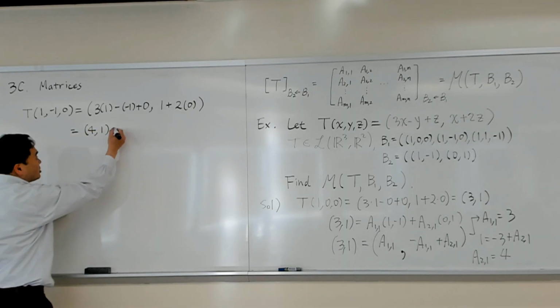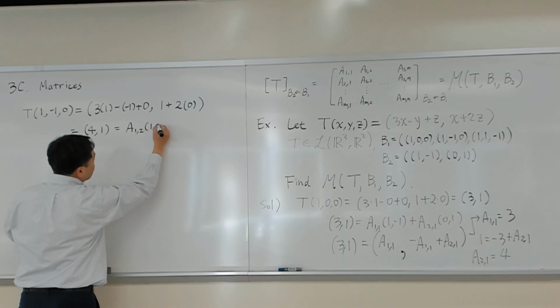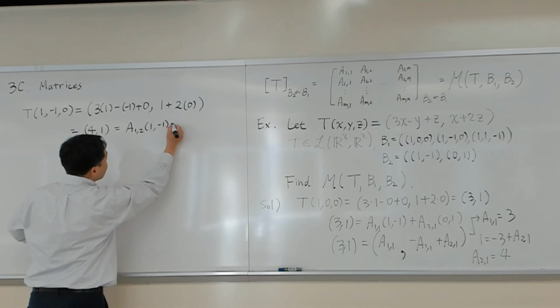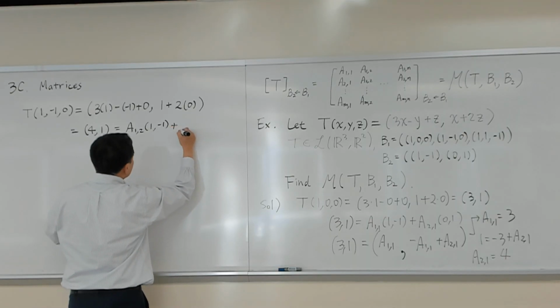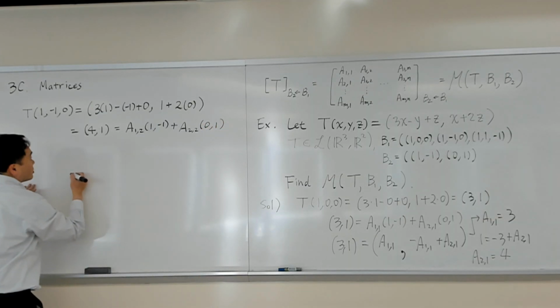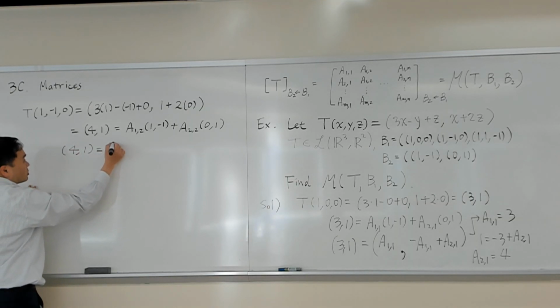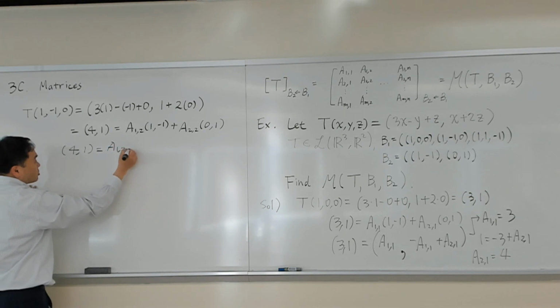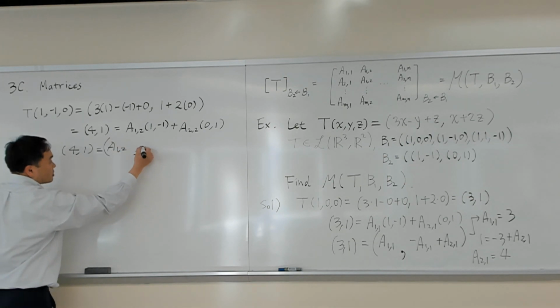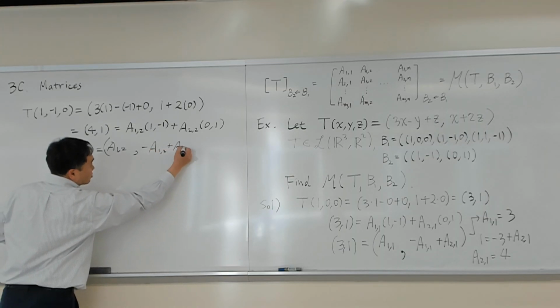And that has to be equal to A12 times (1, negative 1), plus A22 times (0, 1), so that you have (4, 1) equals (A12, negative A12 plus A22).